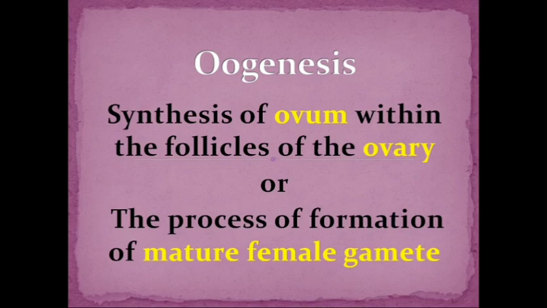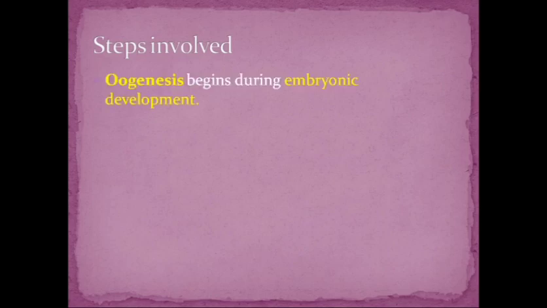Now, let's see what are the steps involved in the process of oogenesis. When we discussed spermatogenesis, we saw that spermatogenesis begins at puberty, when a boy reaches the age of 13 or 14.